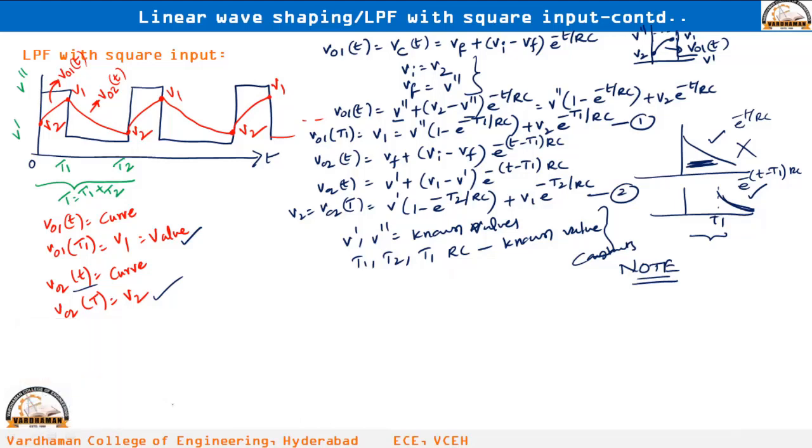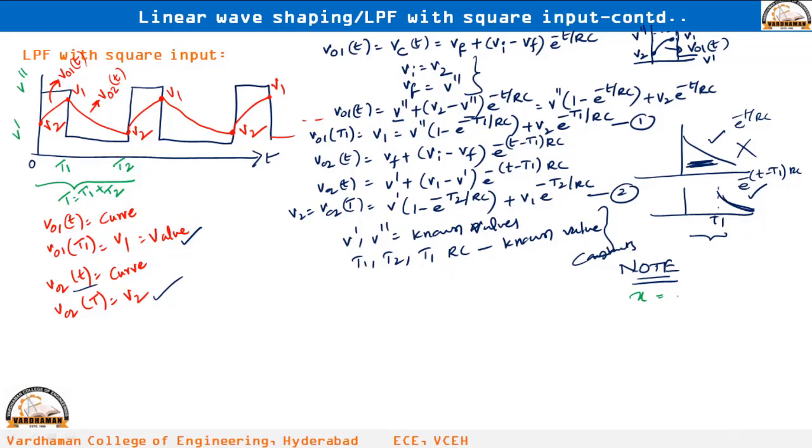See carefully. If you observe the first equation, V1 we don't know, V2 we don't know, so I can take V1 as a variable or unknown quantity x. V1 is equal to, that means x is equal to V double dash, which is also constant, multiplied with 1 minus e power minus T1 by RC, everything is constant.